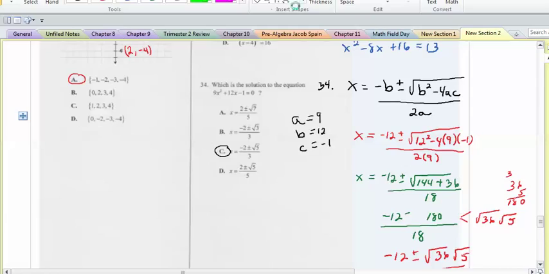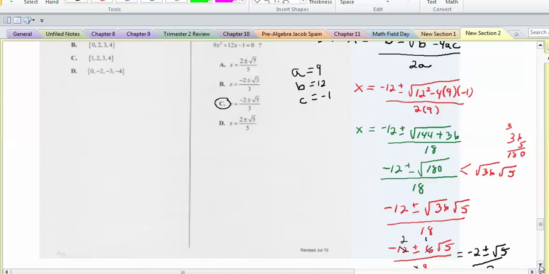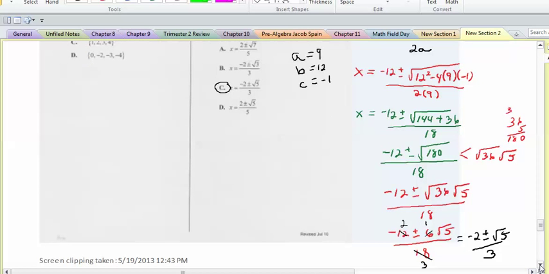Okay, so on this one, looks like it got erased a little bit. So I did all the math. I took the square root. We have the square root of 180. Well, that's not a perfect square, but I broke it down into the radical 36 and radical 5, because 36 times 5 is 180. And then I took the square root of 36. We got 6. I kept the radical 5.